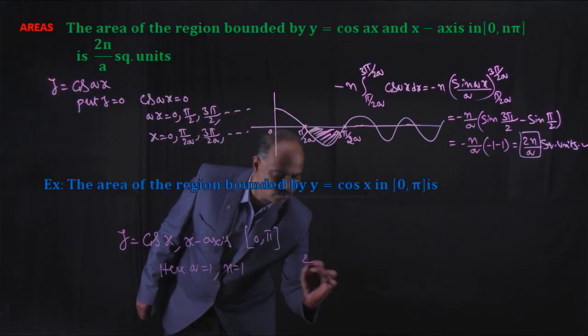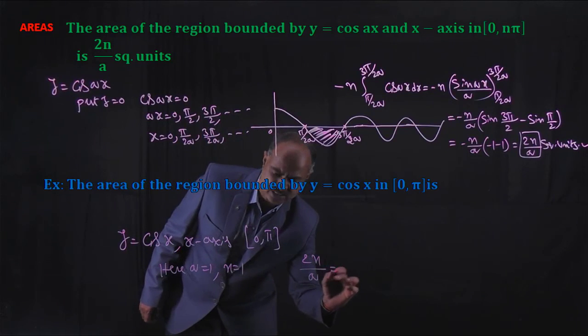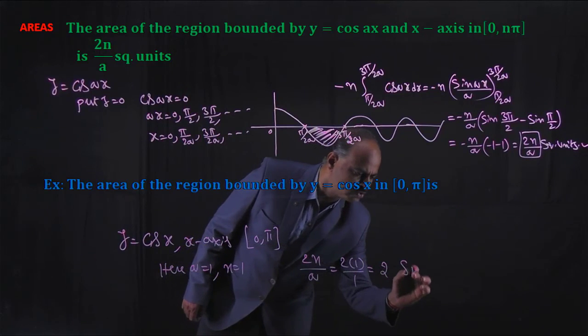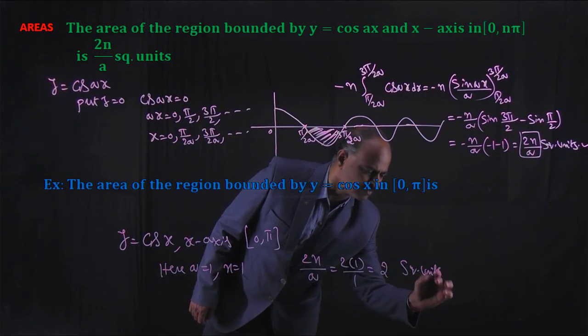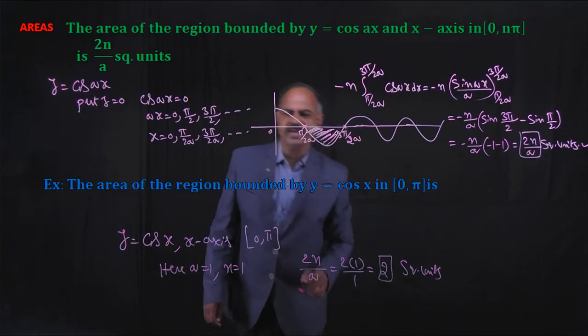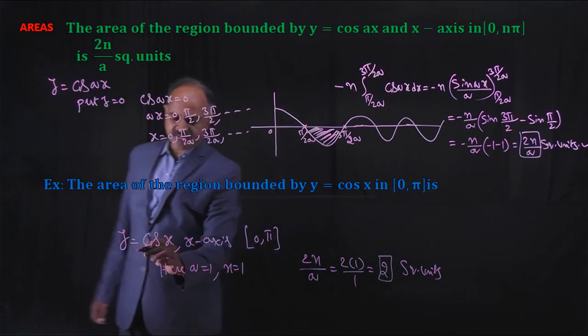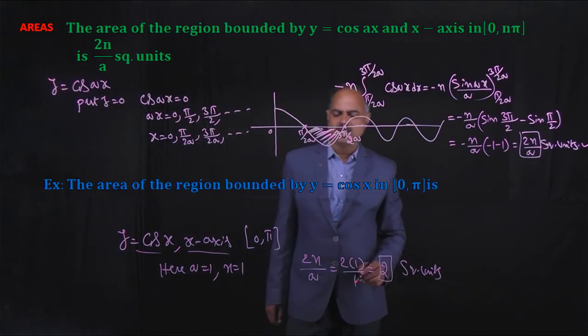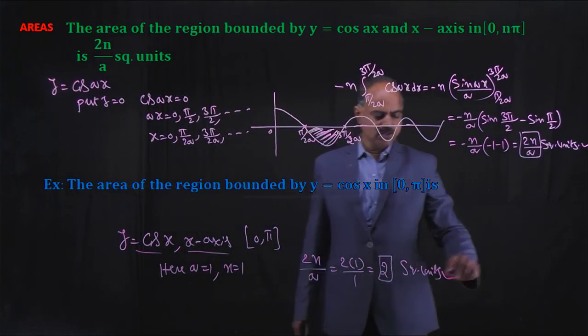The formula is 2n by a square units, that is 2 into 1 by 1, which is equal to 2 square units. Therefore, the area of the region bounded by y equal to cos x and the x-axis in the interval 0 comma pi is 2 square units.